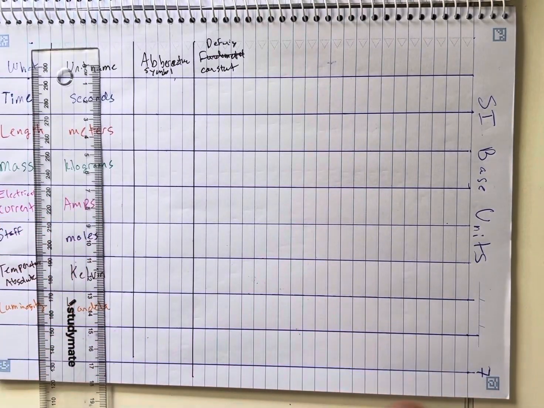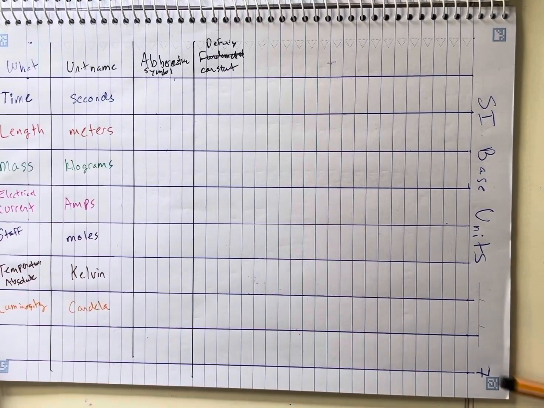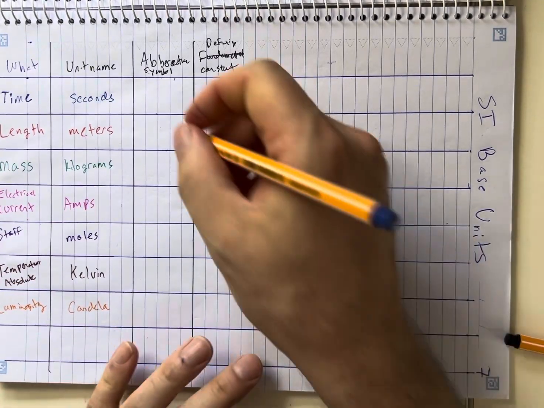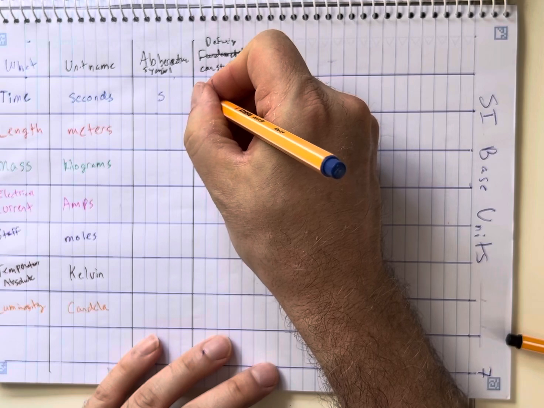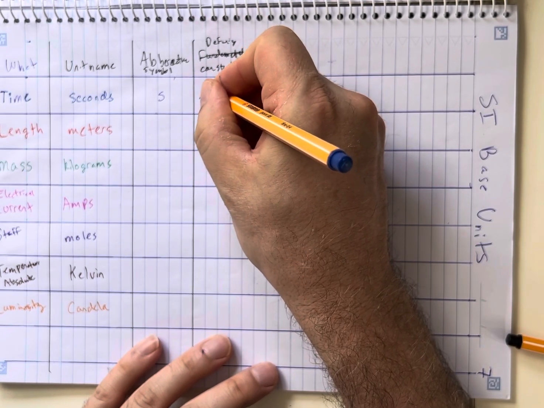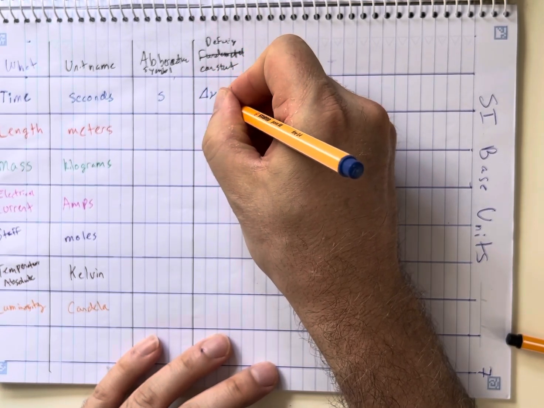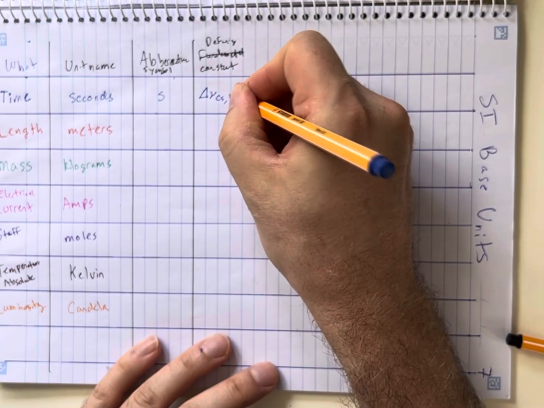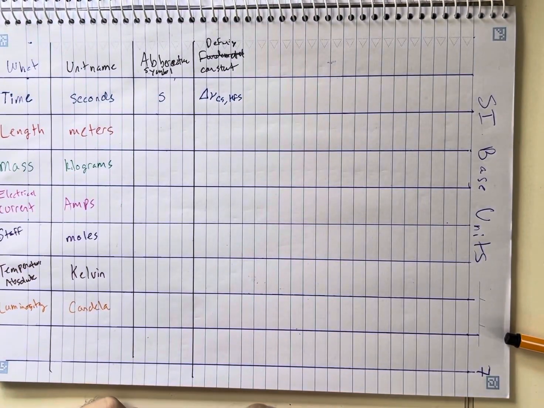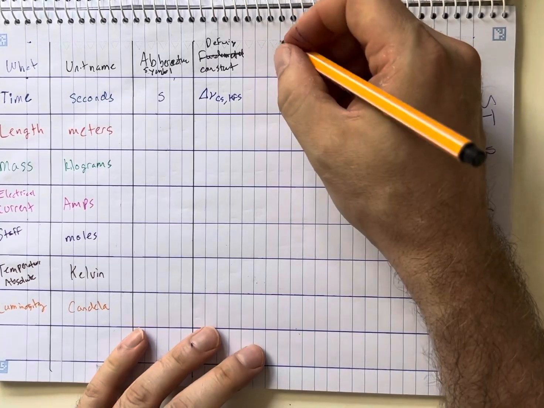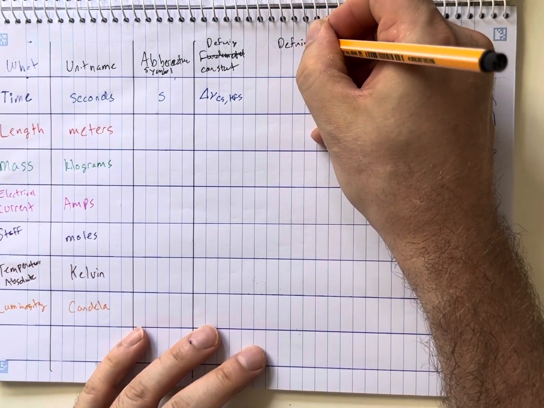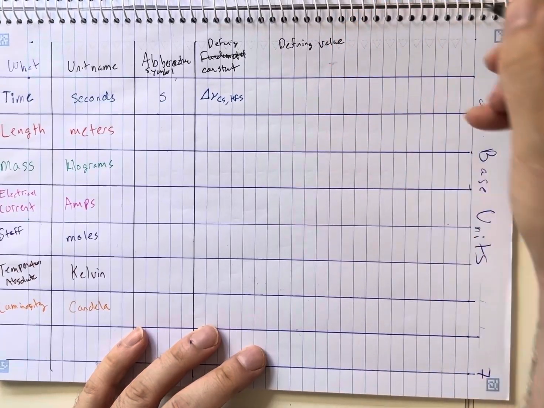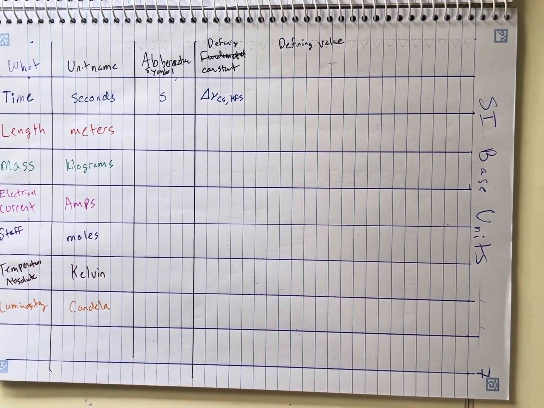Okay, so what do we have here? We've got our symbol for time is s, and this is the cesium hyperfine frequency, defining constant. Defining value.